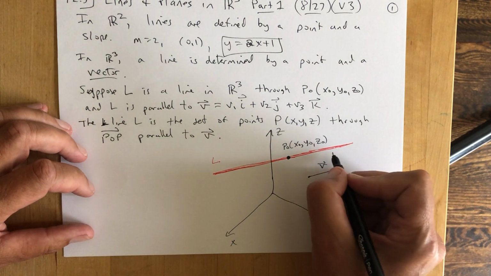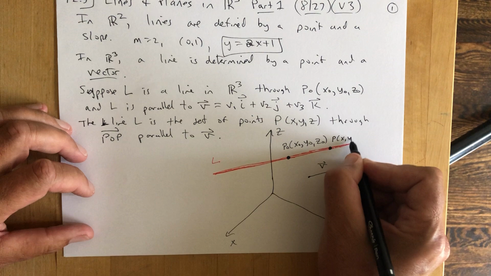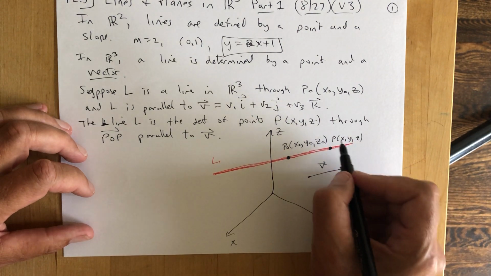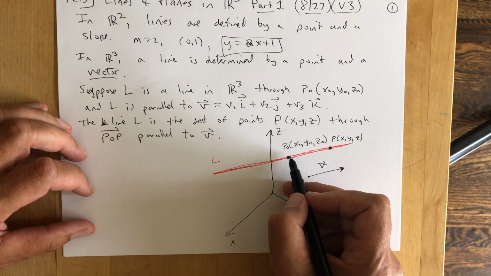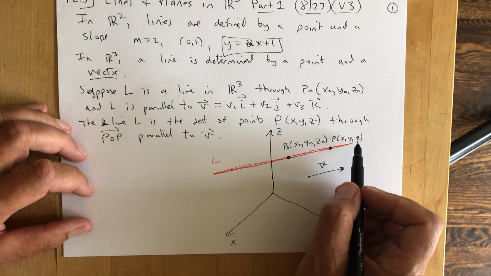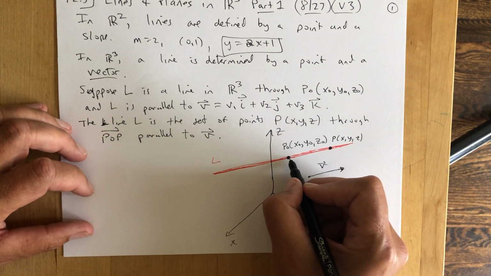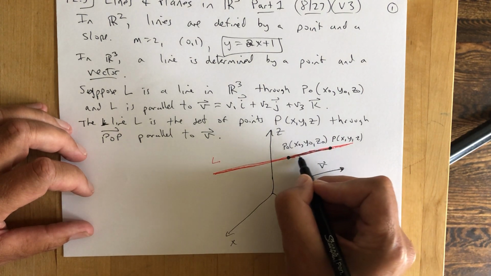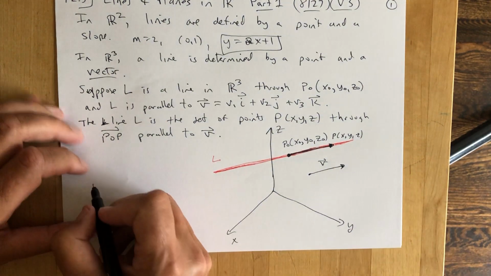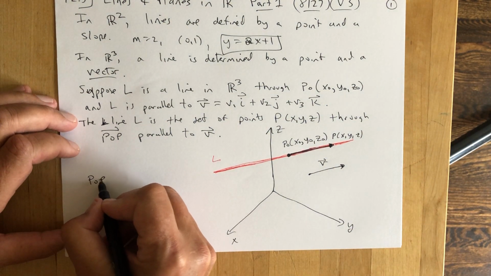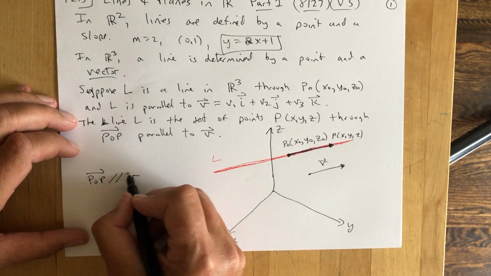And so points on the line, P, and these P's move all the way up and down from infinity to minus infinity. P naught's fixed, it's the point that's given, but these are all the other points. And so, okay, this vector P naught P, I'll put over here, this vector P naught P is parallel to V.